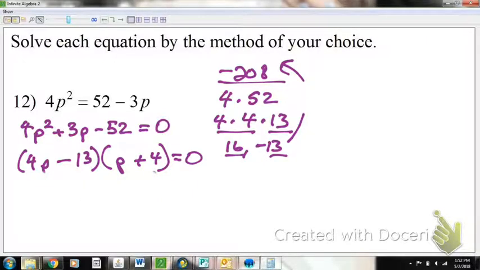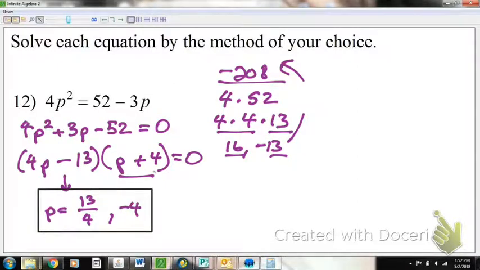Now, some of you may have had so much difficulty with this problem that you just go ahead and use the quadratic formula. But if you set that factor equal to 0, you get p equals positive 13 over 4. And if you set this factor equal to 0, you get p equals negative 4 as the two solutions. Now, again, you can use the quadratic formula, and with the calculator, that's not a problem. You're going to be taking the square root of a large number in the radicand there, but it works.